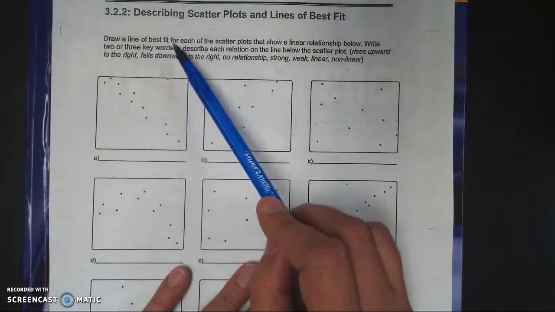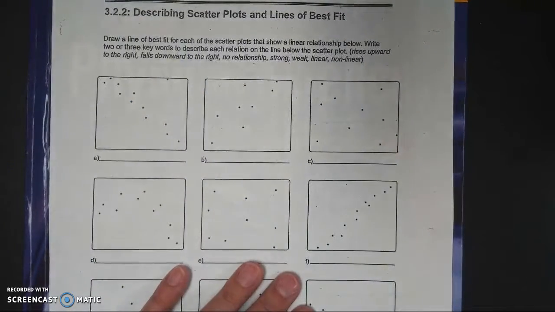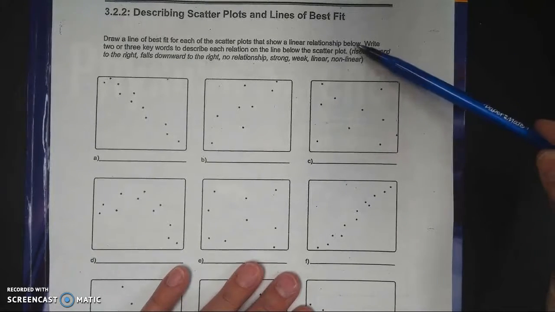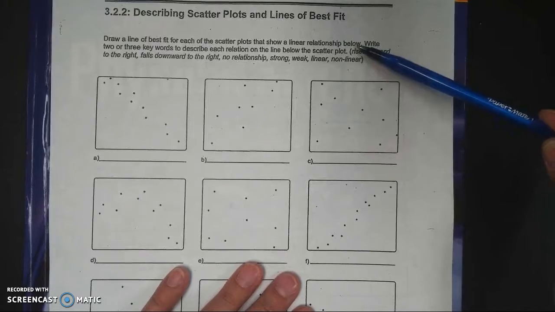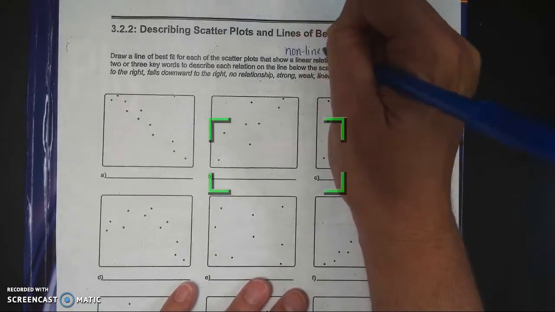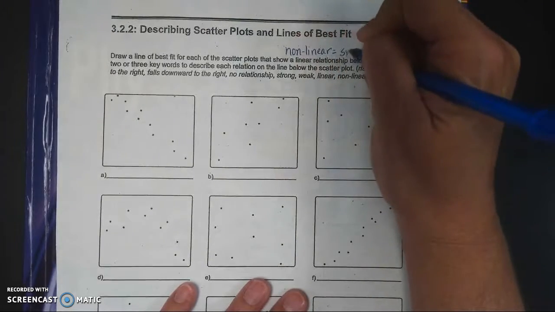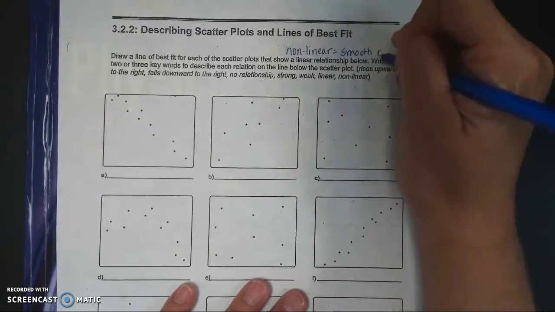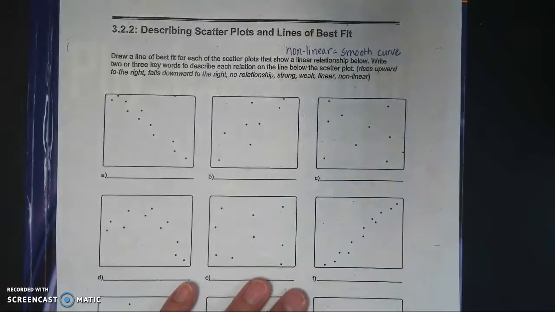So looking at the directions here, first you want to draw a line of best fit for each of the scatter plots, and you're only doing this on the ones that show a linear relationship. If it's a nonlinear relationship, that means you probably need to draw a smooth curve instead of a line of best fit.